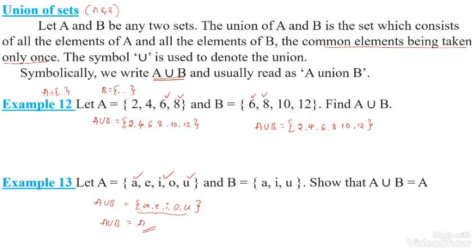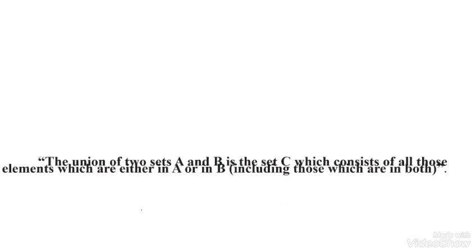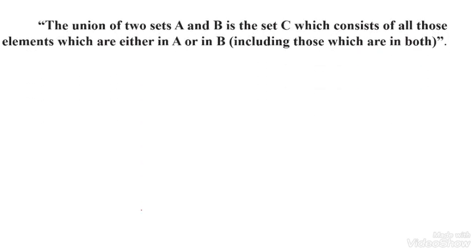Okay. Now let us discuss one more example. After that, the statement and examples will be clarified for you. Based on the examples, I will give a definition for union. The union of two sets A and B is the set C, which consists of all the elements which are either in A or in B, including those which are in both.